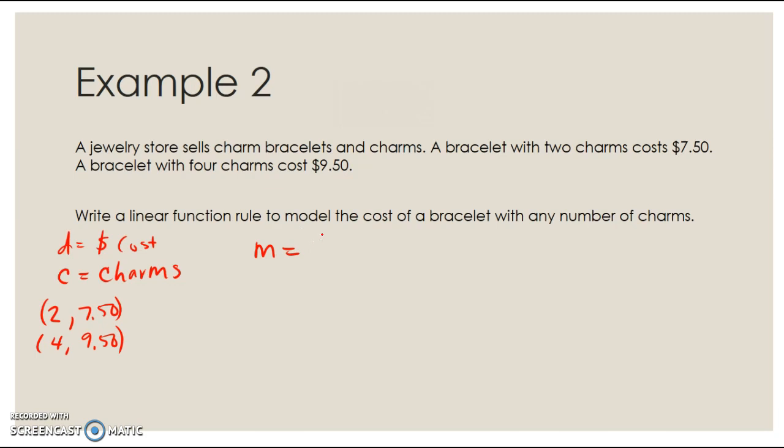So m is going to be $9.50 minus $7.50 over 4 minus 2. And so $9.50 minus $7.50 is going to be 2, and 4 minus 2 is 2, so that means our rate of change is 1, so m equals 1.